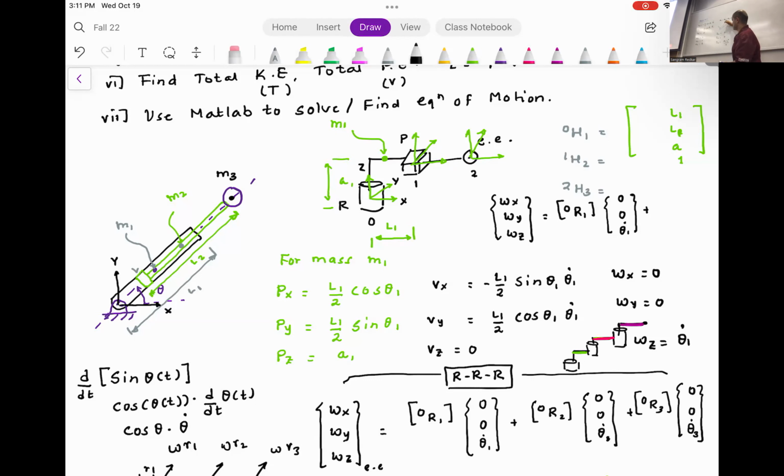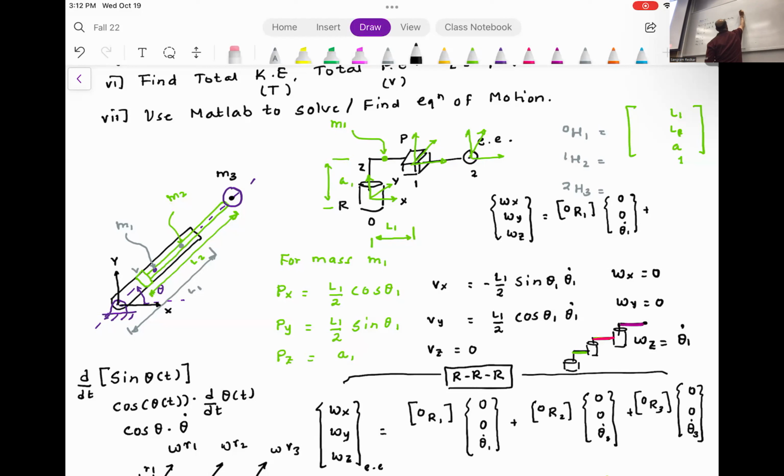So mass moment of inertia about x is 0. Mass moment of inertia about y can be something. The only thing we are interested in is the mass moment of inertia about z. So I just have to write this somewhere. This is the CG, this is where the M1 is. Everyone clear about this?